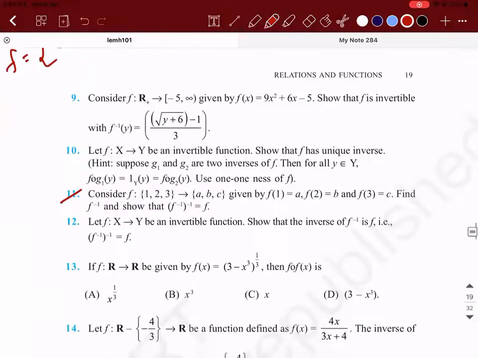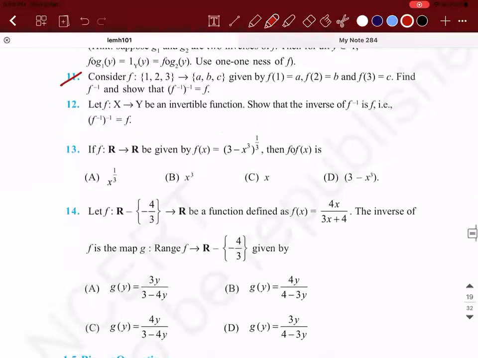Okay. So as I told you, we'll prove that problem later, because we'll master f inverse first.